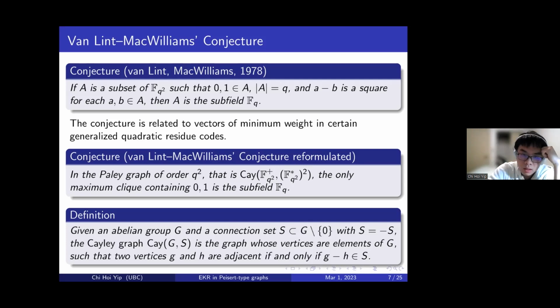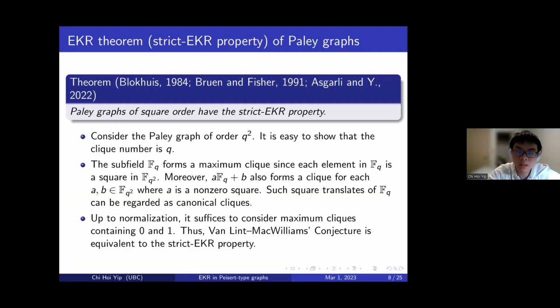The conjecture by Van Lint and MacWilliams was first confirmed by Blokhuis around 30 years ago. Later, Bruen and Fisher provided a similar proof, and in our paper we also provided a very different proof.